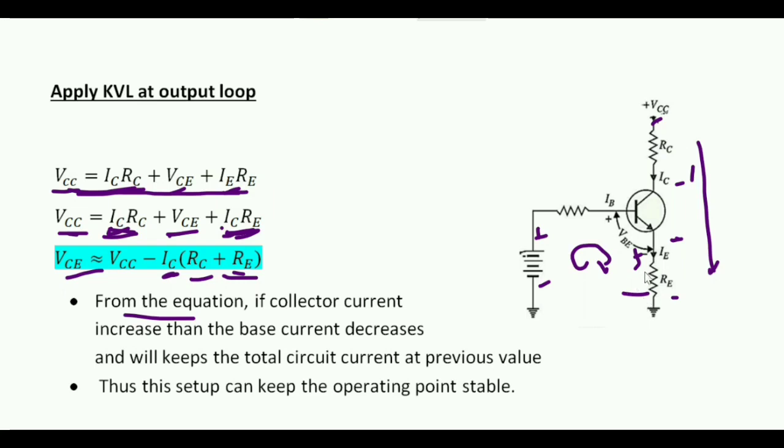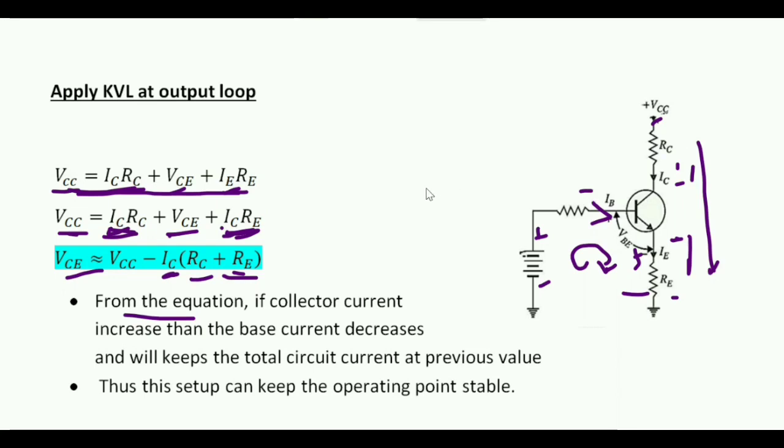The increase in the voltage drop across the RE resistor will decrease the biasing potential, and this will indirectly reduce the forward biasing potential at the base to emitter junction. This will decrease the base current. We have seen earlier that IE is equal to IC plus IB.